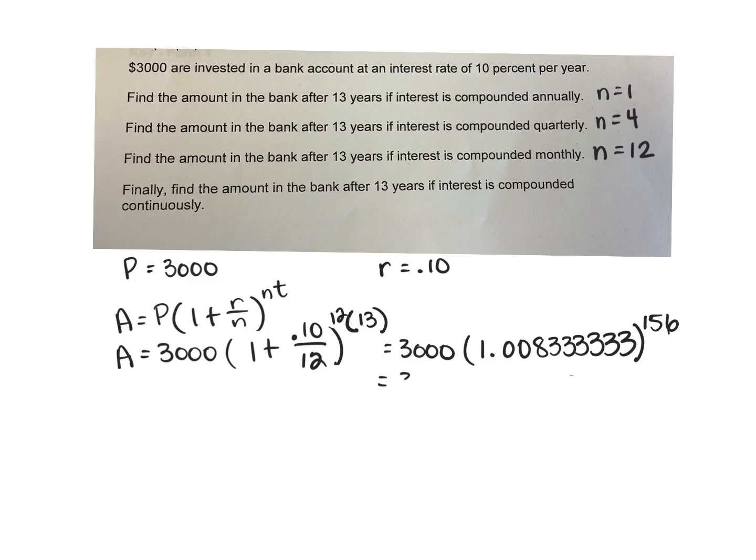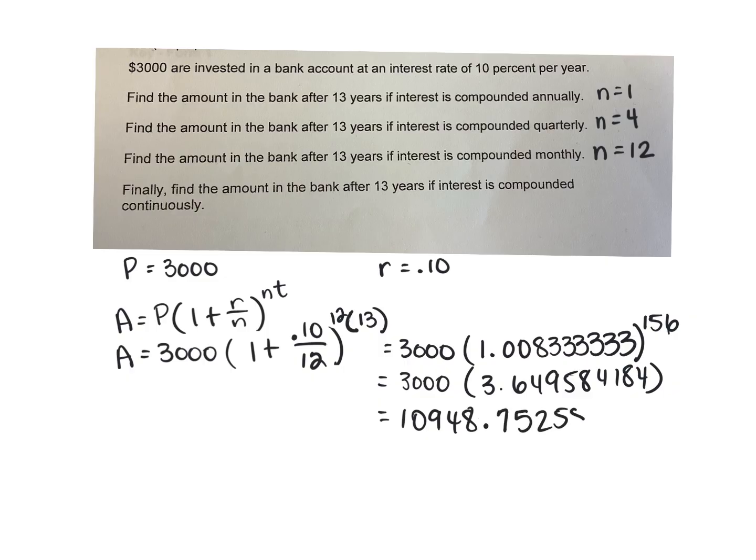We get the decimal 3.649584184. And when we multiply that by 3,000, we end up getting an amount of $10,948. And then you have 75255. So depending on where it tells you to round, that would be 75 cents.